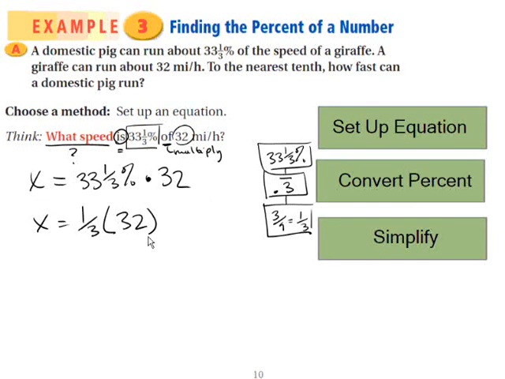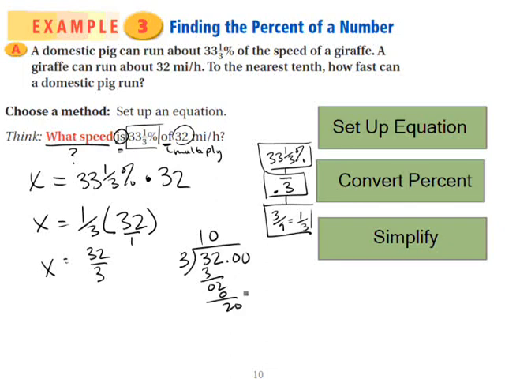And now we can simplify 1/3 times 32 and put 32 over 1. We get 32 over 3. And since we're answering a word problem, and if you asked me how fast the pig runs and I told you 32/3 of a mile per hour, you'd look at me quite strangely.